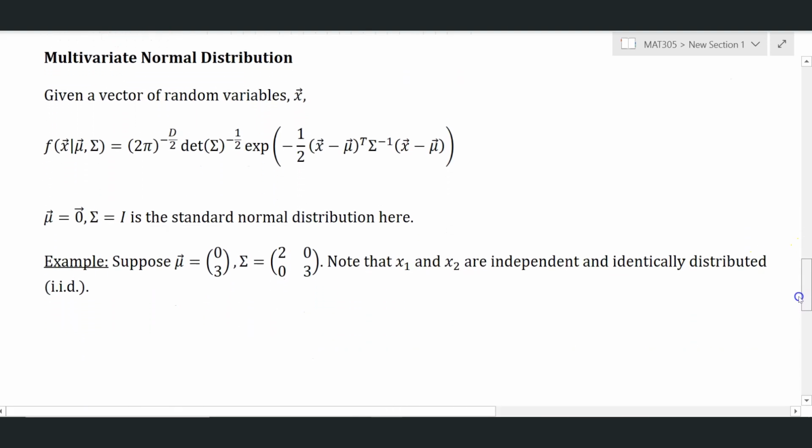But let's focus here on the multivariate normal distribution. And this is really just, here we have a vector of random variables x. And so again, maybe the measurements that we have on a bunch of people, maybe their age.